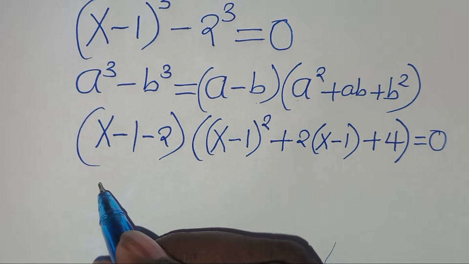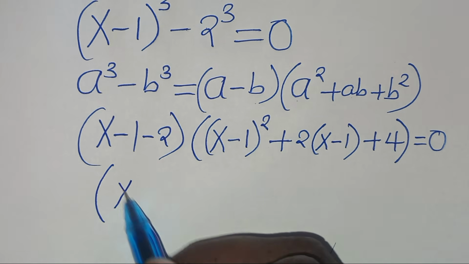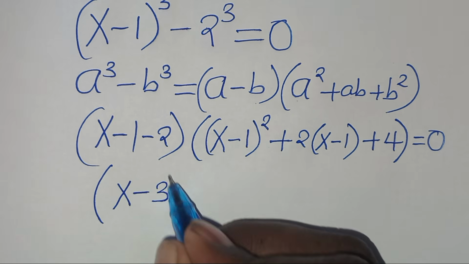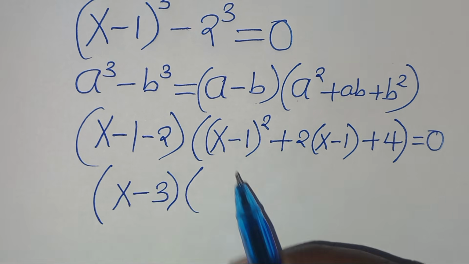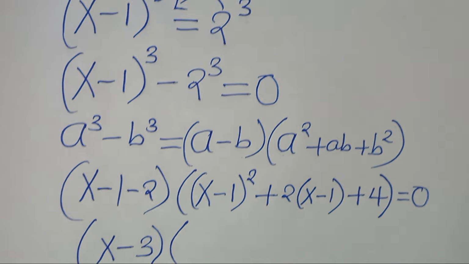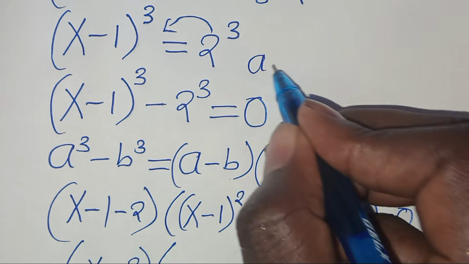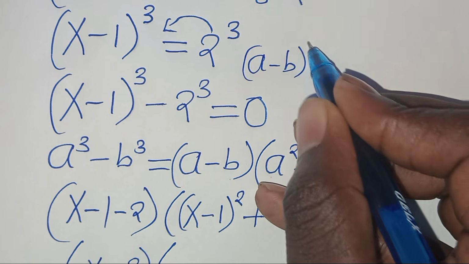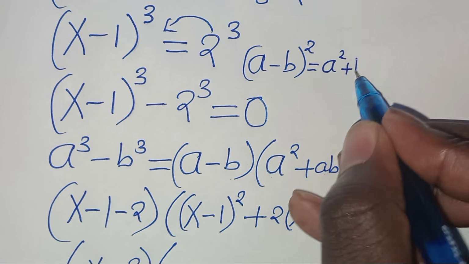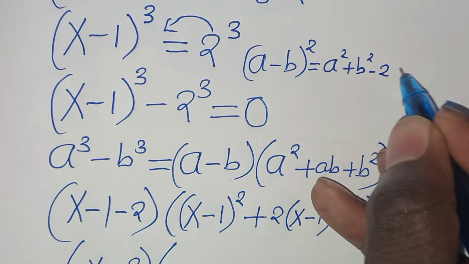Now this means we have (x − 1 − 2), this is x − 3, in the parentheses, times (x − 1)^2. Remember, this is in the form (a − b)^2, which can be expressed as a^2 + b^2 − 2ab.